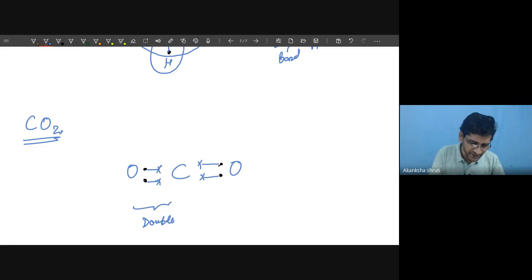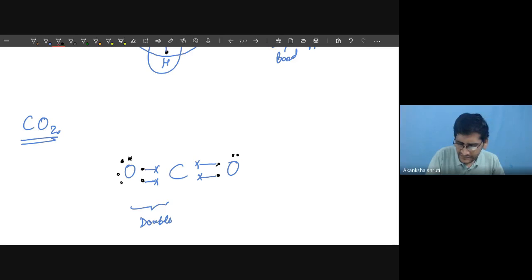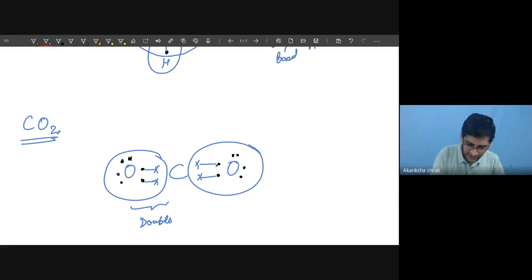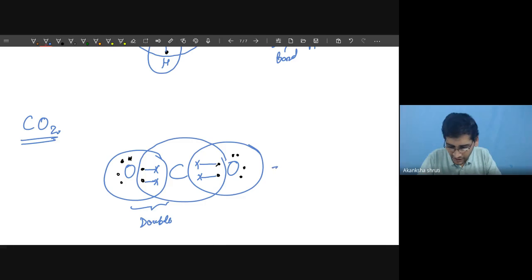How is the structure represented? Draw the other four by the dotted ones. So the oxygen is like this. Draw the structure of the oxygen, the other oxygen, and for the carbon, this is much easier. So how to draw in the simplest form?